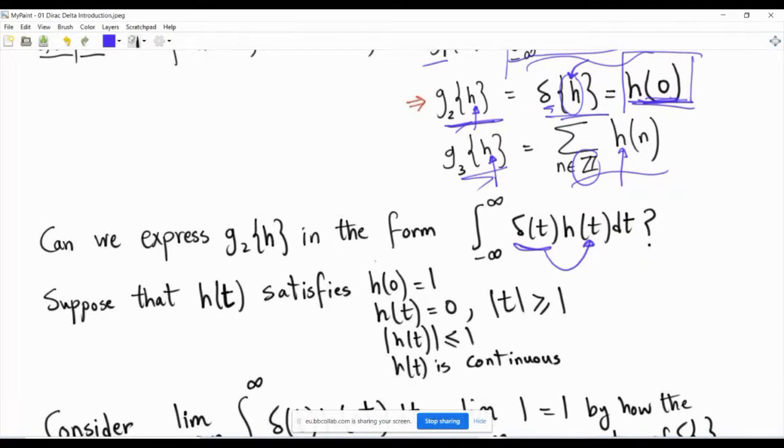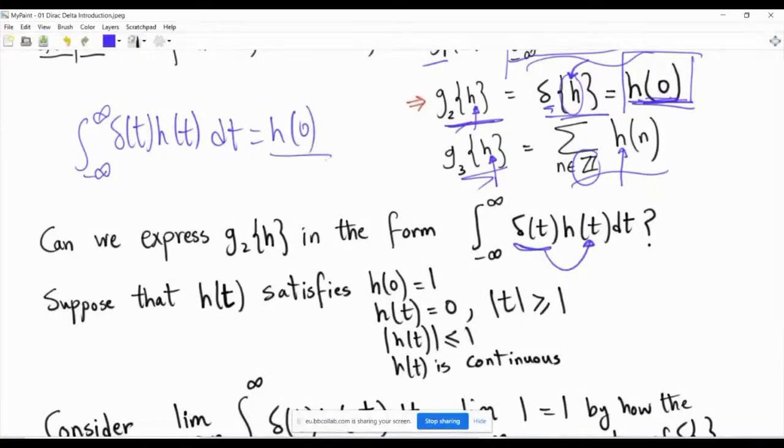Let's try to understand why. Suppose that again you want something that gives you this, for any function.